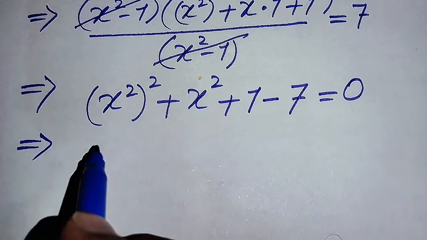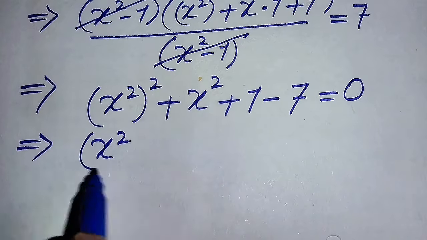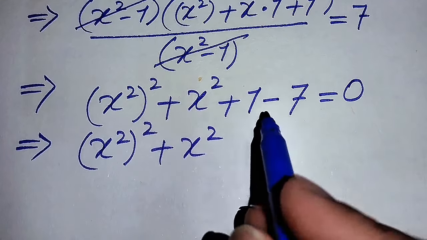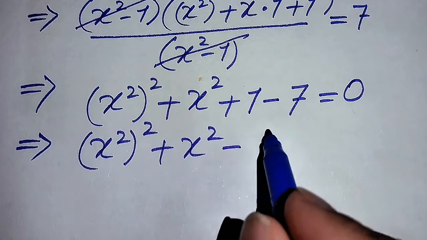So here we need a little bit more simplification, and it will be written as (x square) whole square plus x square, and 1 minus 7 becomes minus 6, and this whole equation is equal to 0. First we need to convert this quadratic equation into the standard form. For this we will take x square equals y.